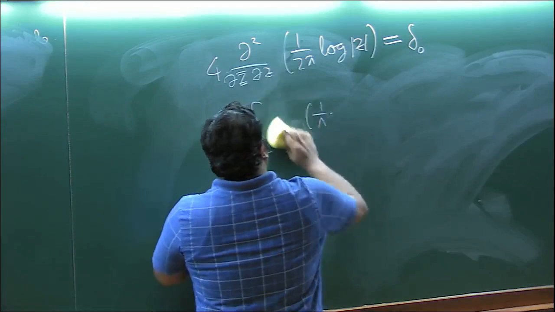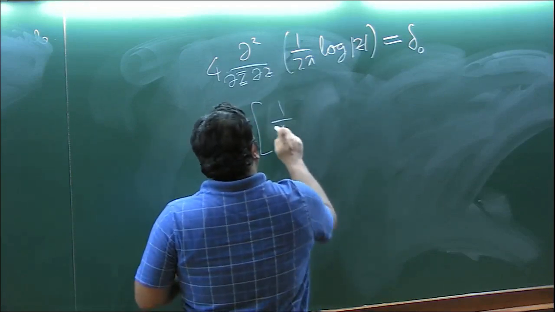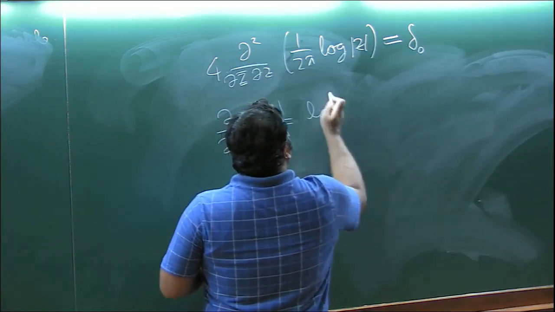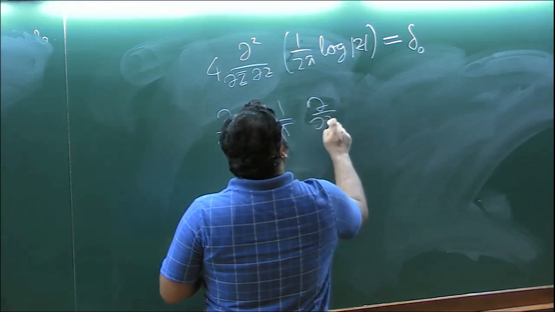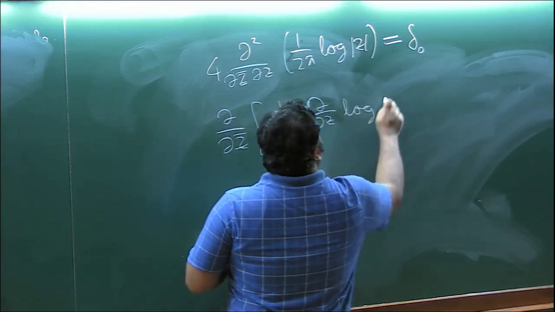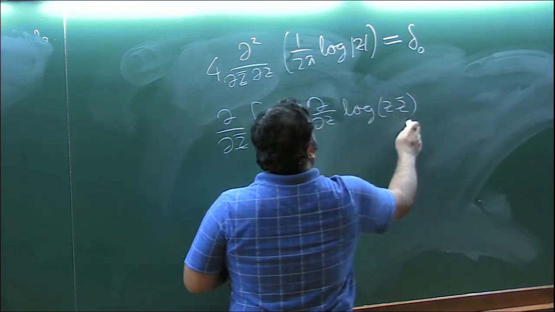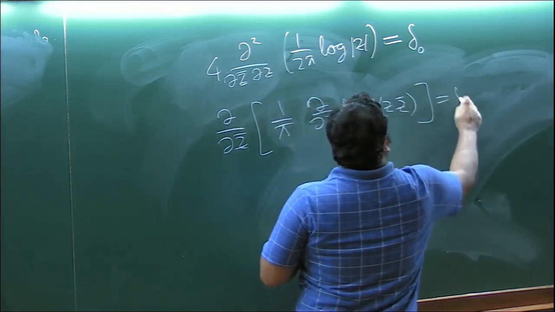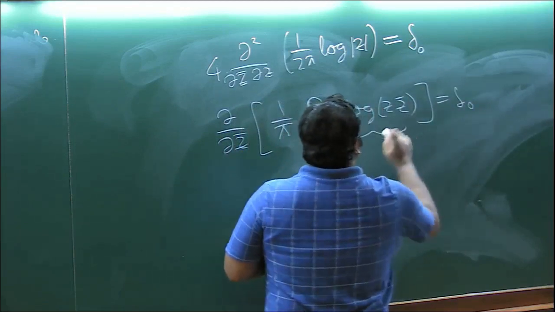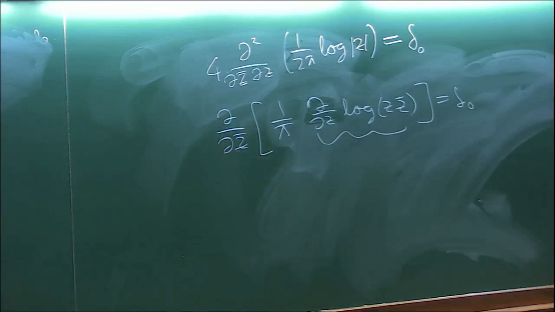I can even pull the 1 over pi out. And I leave it to you to differentiate this and see that you get exactly 1 over z. So therefore, from some basic electrostatics, you conclude that this formula is correct.